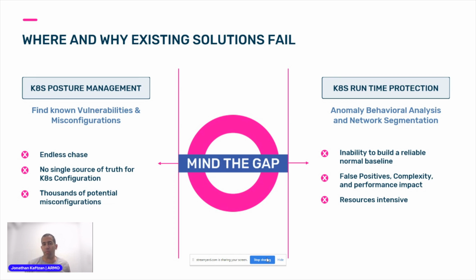One of the biggest problems we see in this market, by the way, is that while you need those two types of solutions, and we're not saying that you don't need them, you have to use posture management, and you probably have to use runtime protection, one of the biggest issues today is that they are not talking with each other. We're talking about two siloed solutions. In many cases, even if you're dealing with one vendor that claims to have both, it's not necessarily provided as one integrated solution.